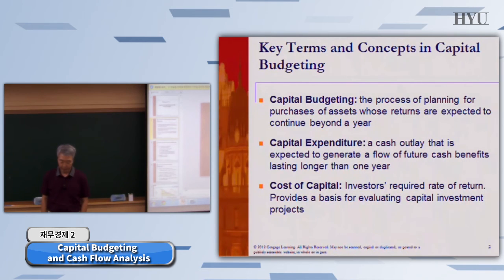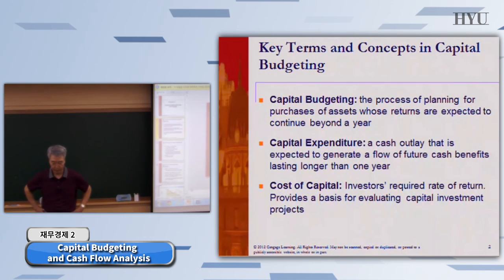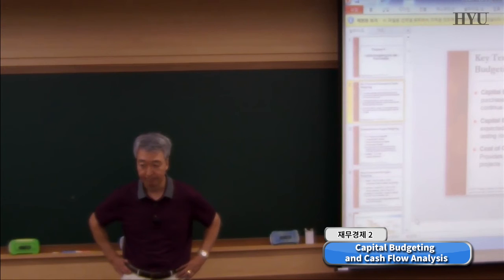A very typical concept of cost of capital is investors' required rate of return. How can we say that? When we say cost of capital, what do we mean by investors' required rate of return?